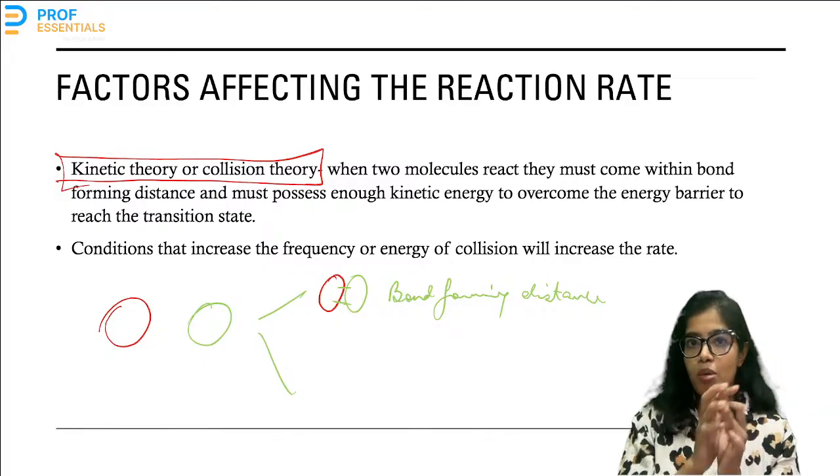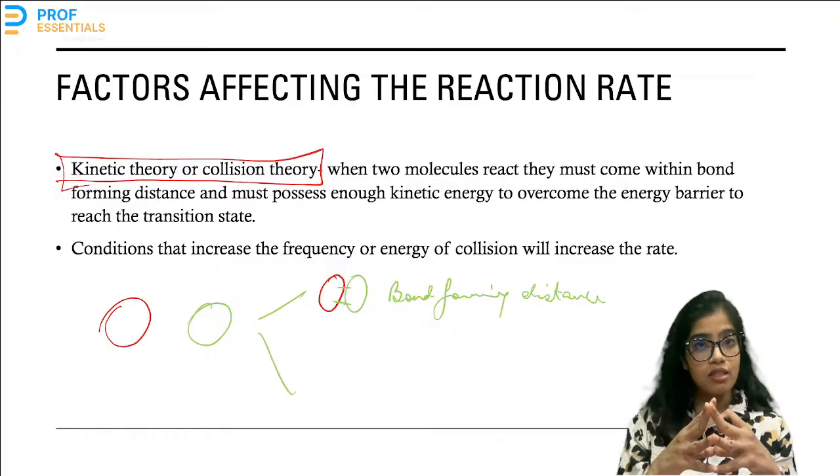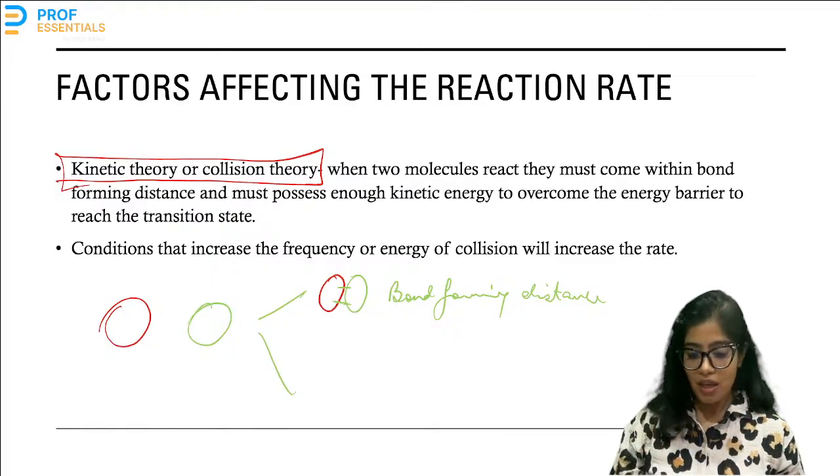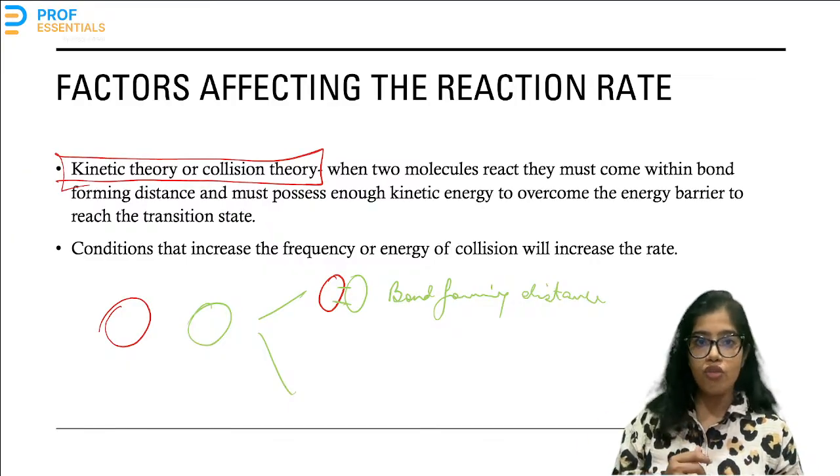You cannot form a bond with them unless you are within bond forming distance. In the same way, these molecules need to be close together within the bond forming distance, such that exchange of electrons or whatever covalent interactions can take place and bonds are formed.